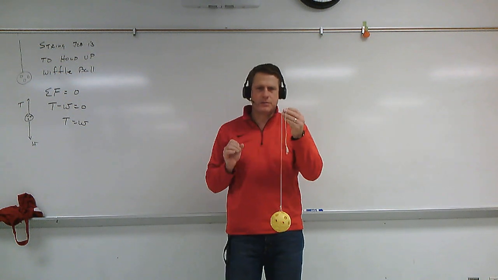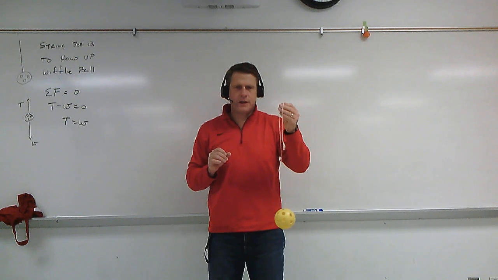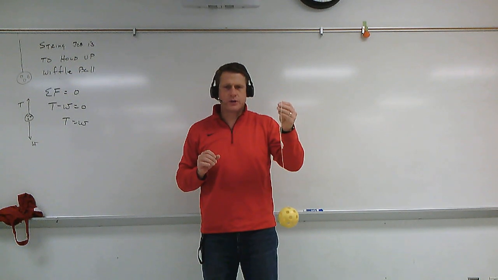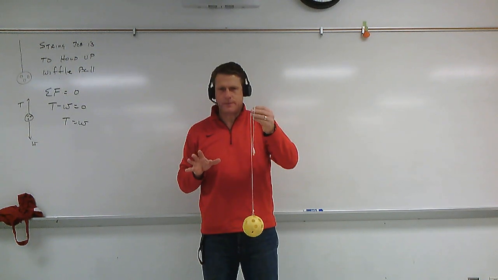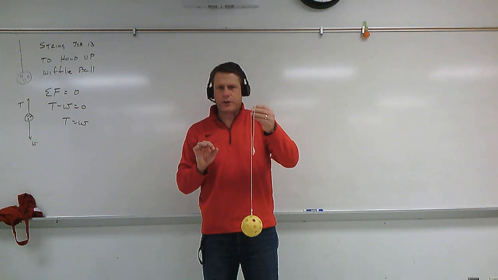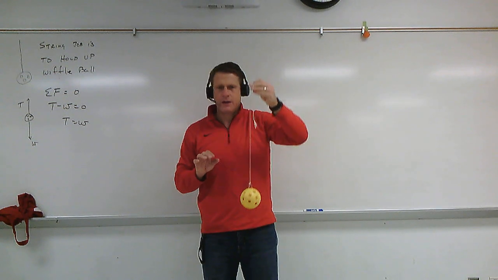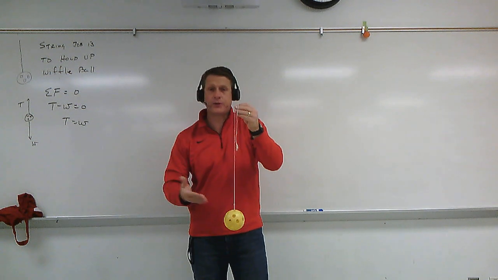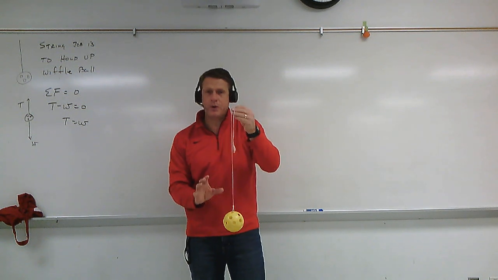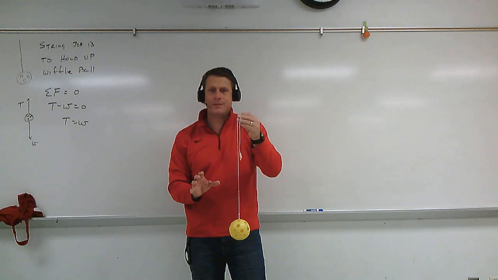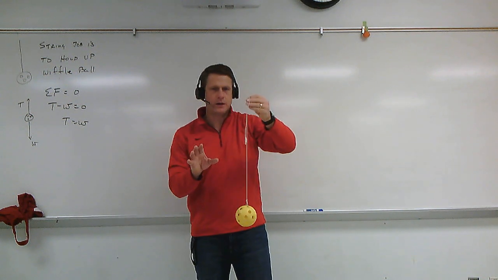Well, the next step in this process is if the wiffle ball is going to accelerate upwards. If the wiffle ball is going to accelerate upwards, then the string kind of has two jobs. It must first just keep the wiffle ball here, and then it must accelerate the wiffle ball.